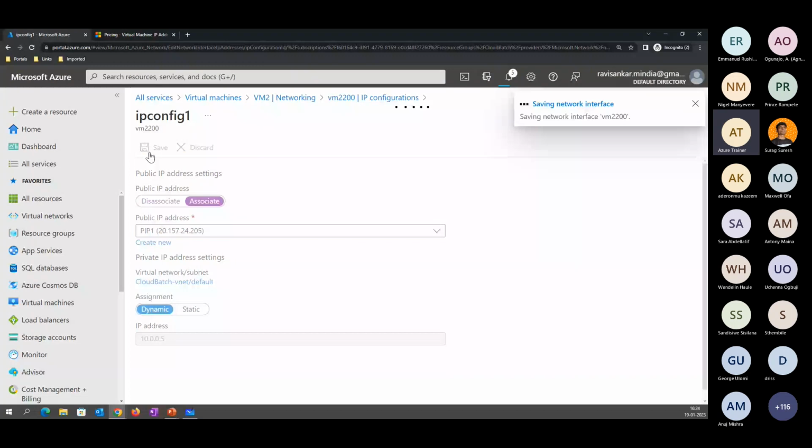Right now you can see in the notification area you're getting a message saying that the IP address has been attached. You can see the network interface has been attached here. Hardly it will take 30 seconds to 1 minute for attaching these details. So we need to wait. So let's wait for that.